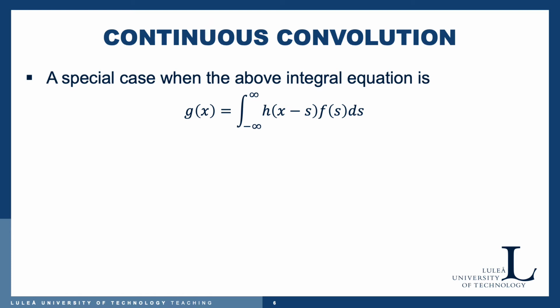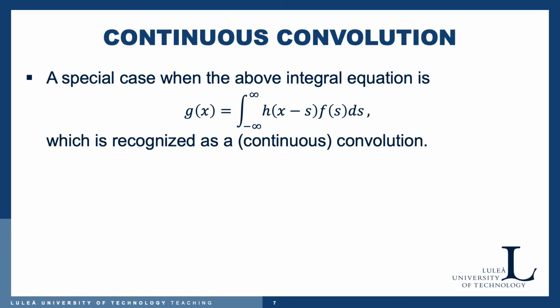So h of x minus s times f of s now renders g of x. And this is recognized as a continuous convolution.